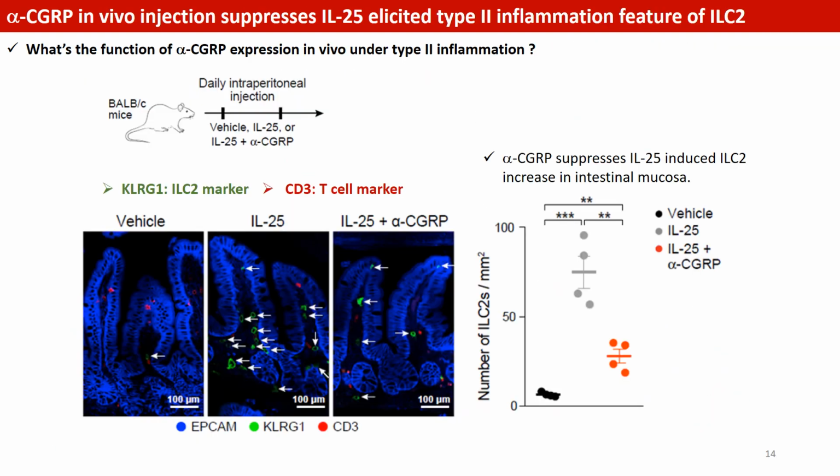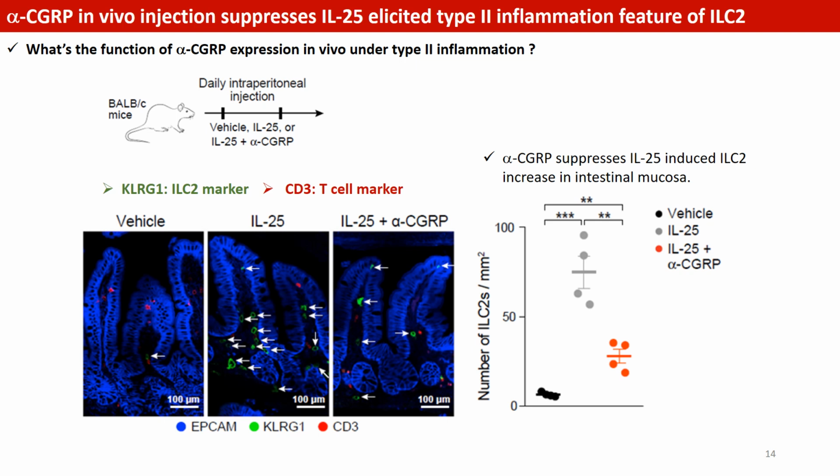To know the function of alpha-CGRP expression in vivo under type 2 inflammation, the author used daily intraperitoneal injection of either only IL-25 or IL-25 plus alpha-CGRP. In this staining, they also used KLRG1 to stain the ILC2 and CD3 to stain T cells. As we can see here, IL-25 alone can induce the green cell number.